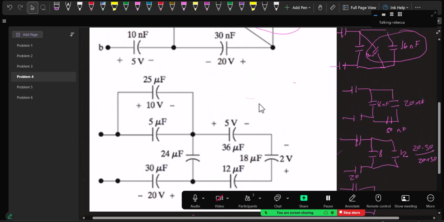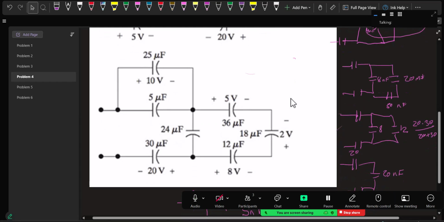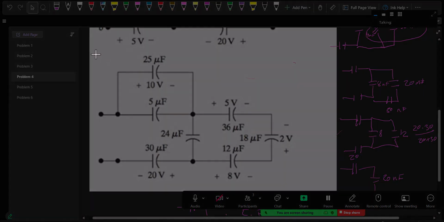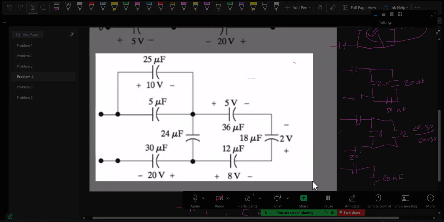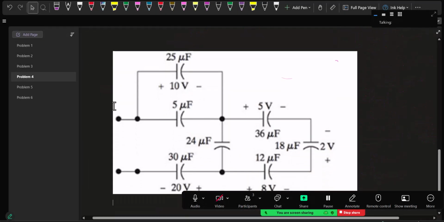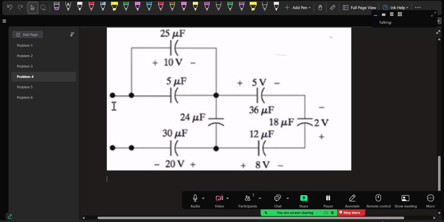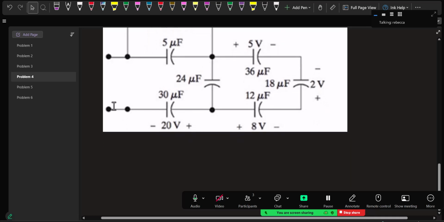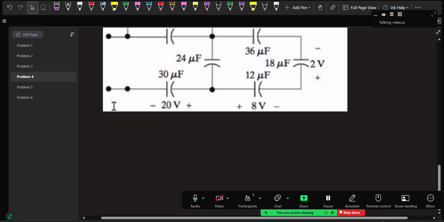So now let's do the second one. What was the final one you said? 5. Okay. So to start off with, I have a 36, an 18, and a 12 in series. And I don't have anything nice like that last one where I had the 20 and the 20 and the 10.